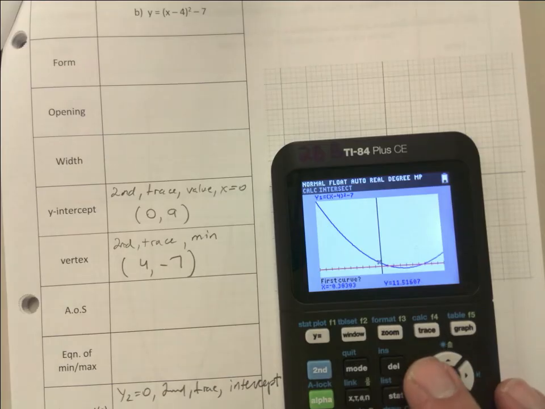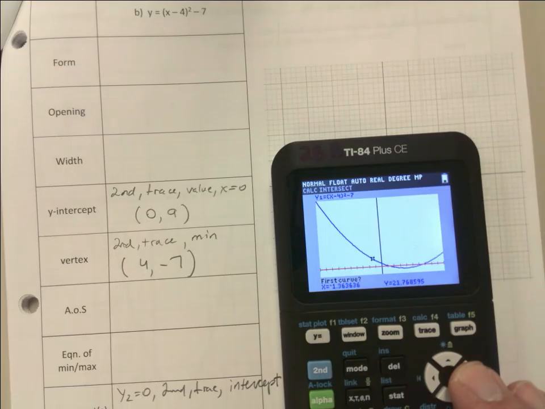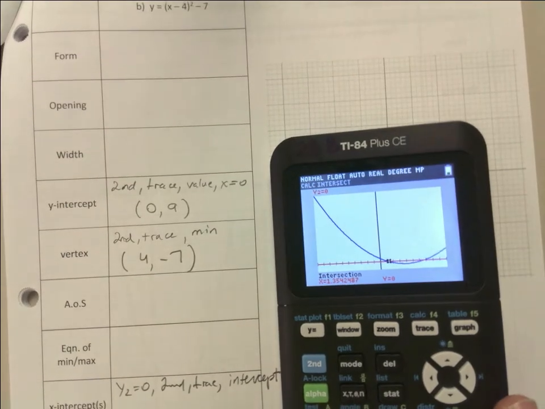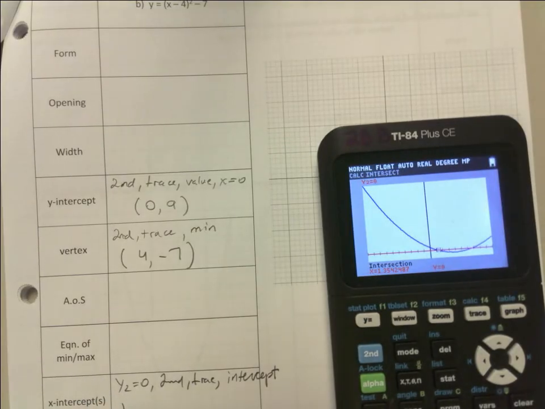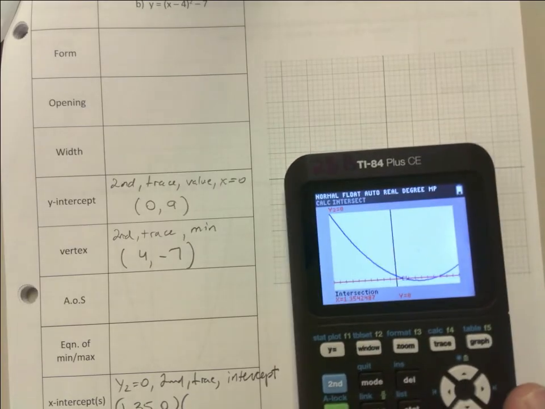Okay, pay attention to this one. You find your cursor and then go close to the first one. And then press enter 3 times. That's all you need to do. So enter, enter, enter. There it is, 1.350. And I know there's another one.